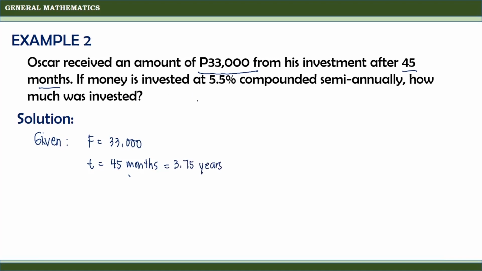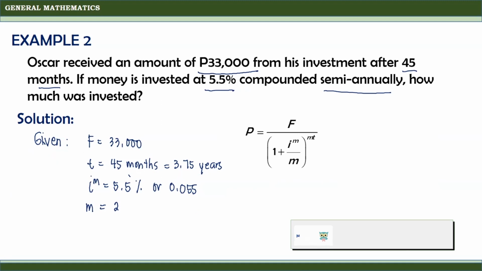The money is invested at 5.5% means that IM is equal to 5.5% or 0.055. Since the interest rate is compounded semi-annually, then the frequency of conversion is equal to 2. To solve for the present value, we can use the formula P equals F divided by 1 plus IM divided by M raised to MT.